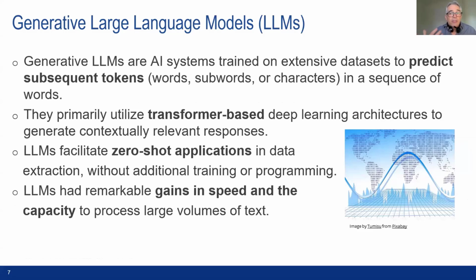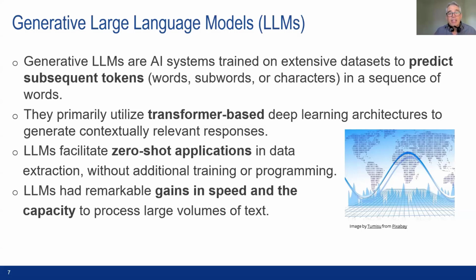The advent of large language models has fundamentally changed this landscape. These language models are trained on vast amounts of data to predict the next word in a sequence of words or tokens, so like a sentence.